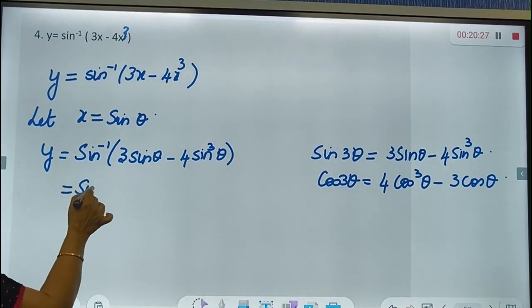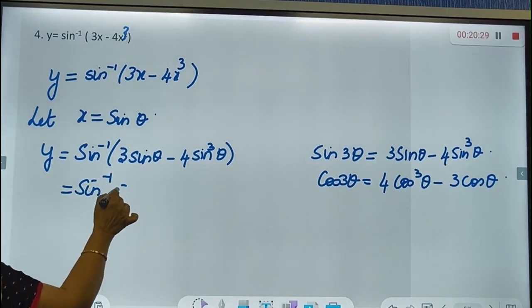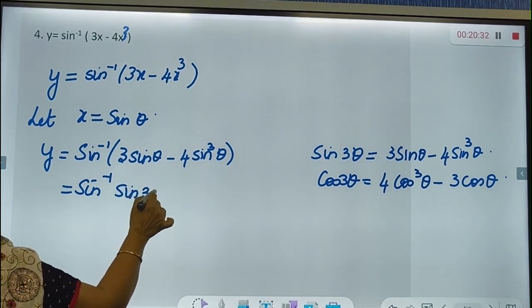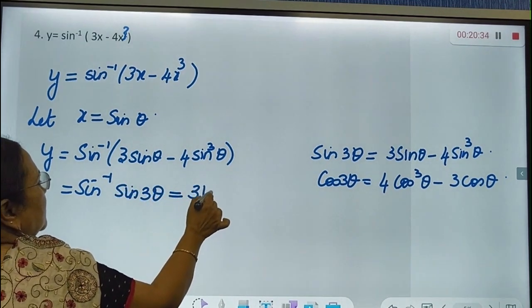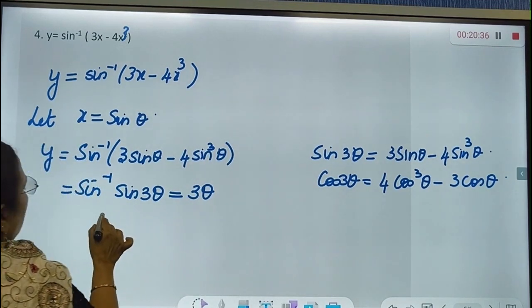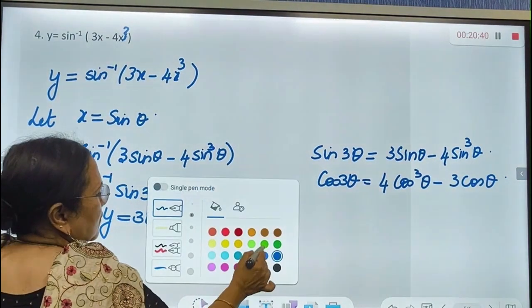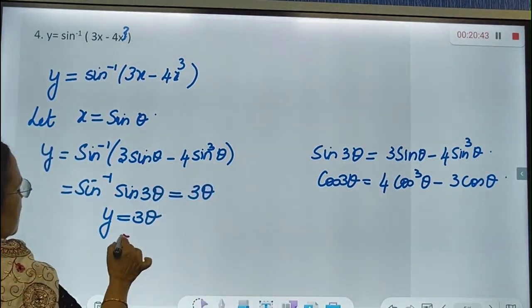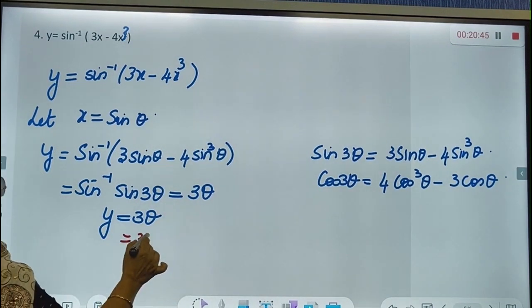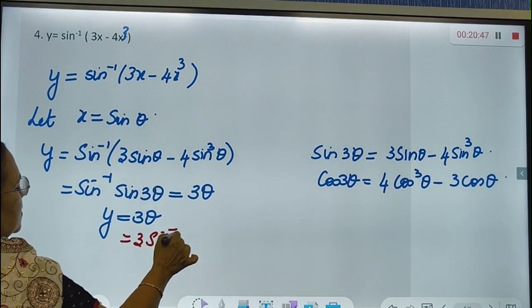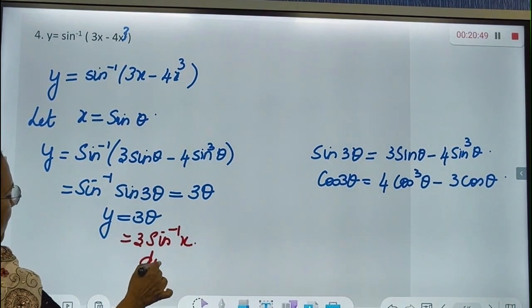This is sine inverse of sine 3 theta, which is 3 theta. If y is 3 theta, this is 3 into, what is theta? Sine inverse x.